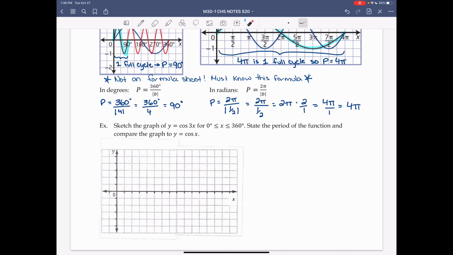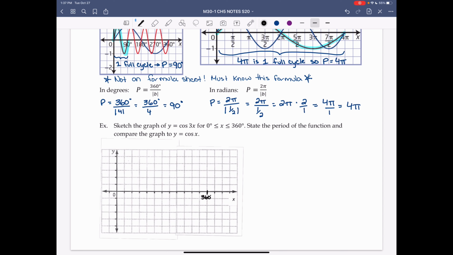So let's count by 30: 30, 60, 90, 120, 150, 180, 210, 240, 270, 300, 330, and 360. So that takes us to here. Let's put our 360 degrees there.